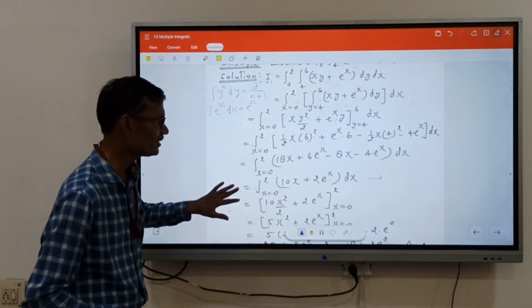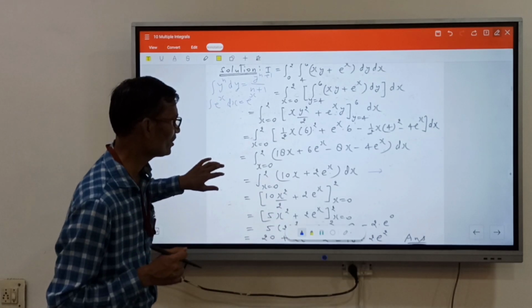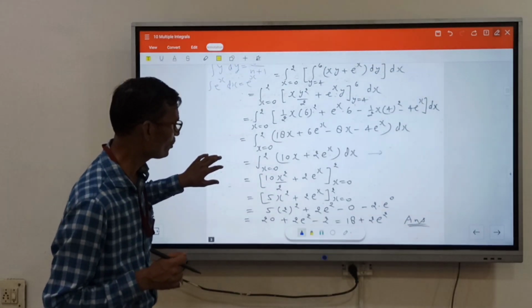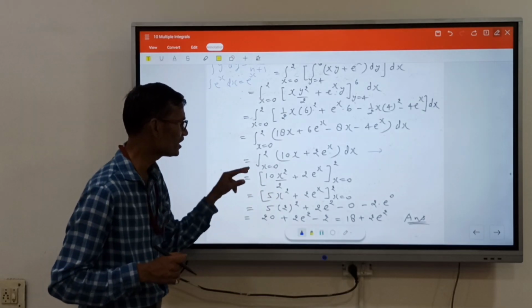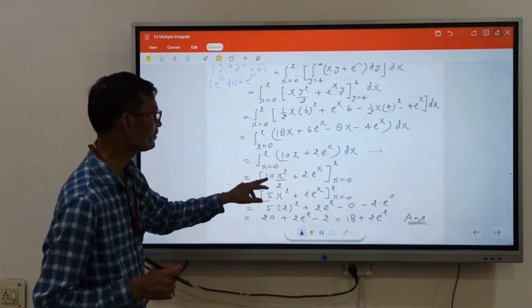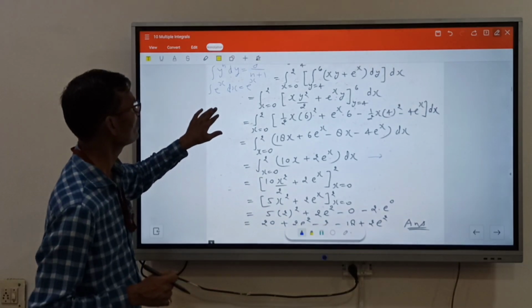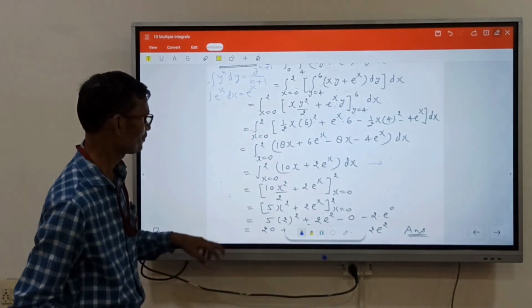Now you can see that the double integral has been converted into a single integral, and from here it is just a matter of 12th standard. We are going to integrate the integrand with respect to x, like 10 into x, so it becomes 10 into x square by 2 by using the same formula.